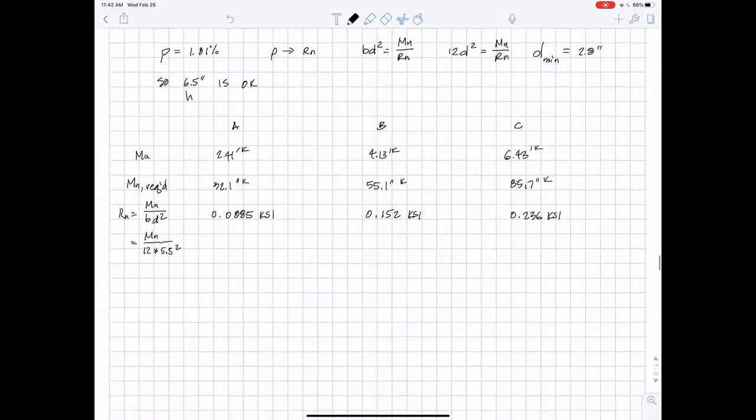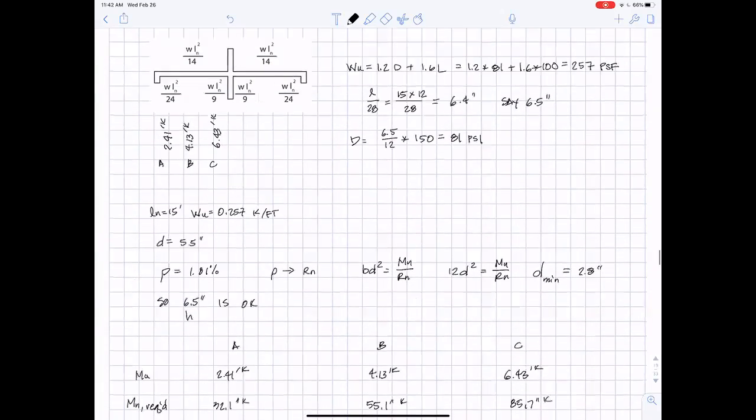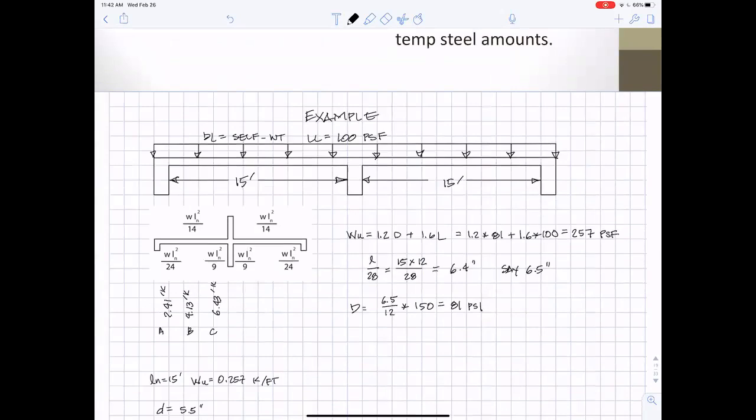And from RN you can get rho, and I have this in my calculator, so I'm just going to solve for that. Let me double check F prime C and FY.